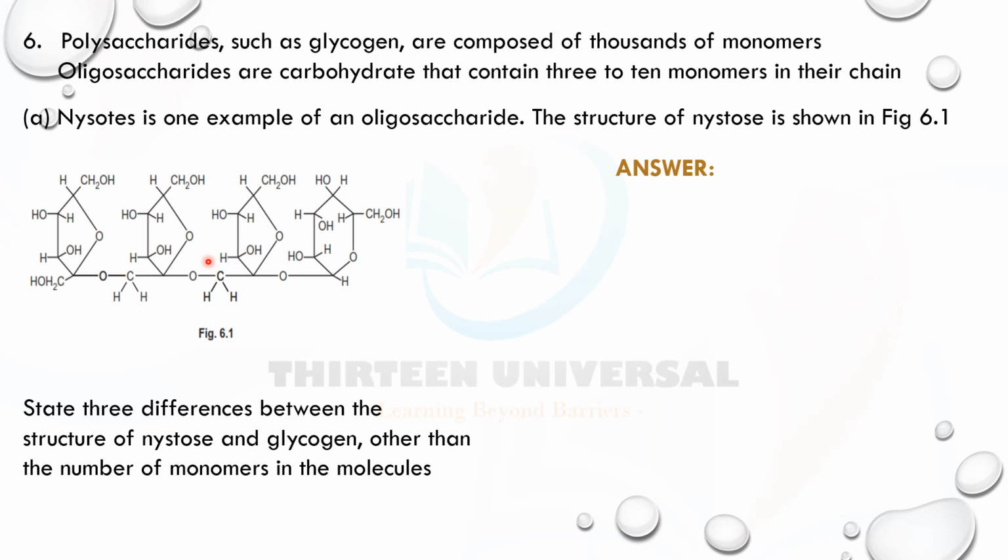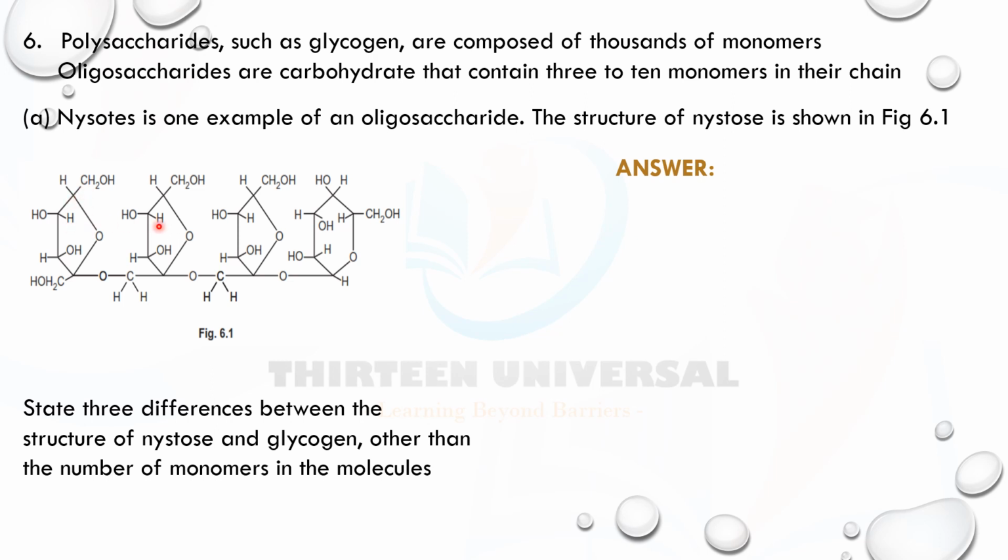Number 2, nistose is made up of 2 different monomers. Can you see this monomer is fructose? How do I know? It has a pentagonal shape and it has 6 carbons. This is carbon 1, 2, 3, 4, and those junctions are carbons 4, 5, 6.